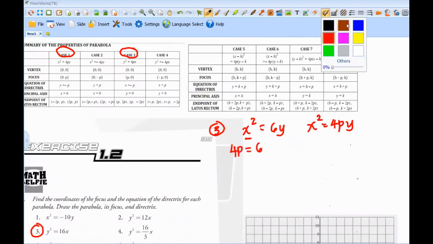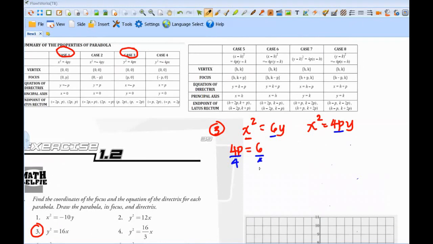We need to equate these two. Divide both sides by 4. Therefore, p is equal to 3 halves, or 1.5. So our focus is (0, p), therefore we have (0, 1.5).